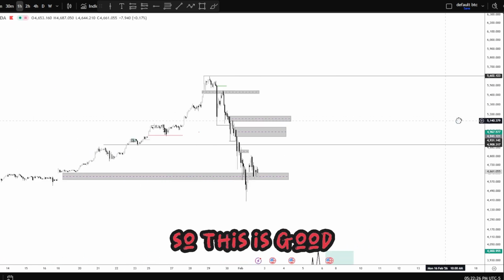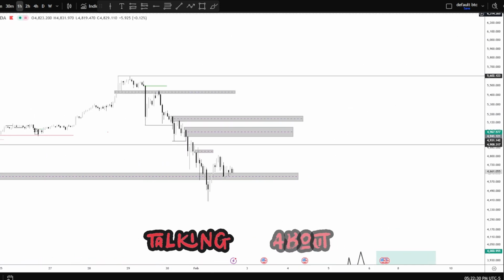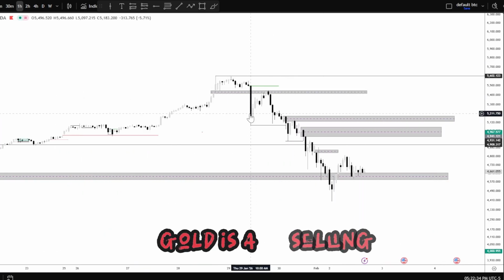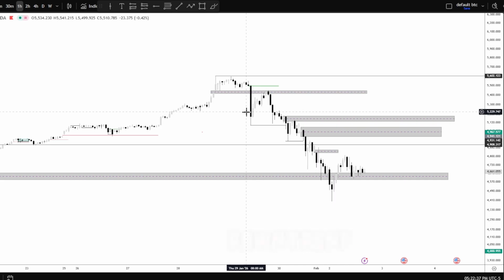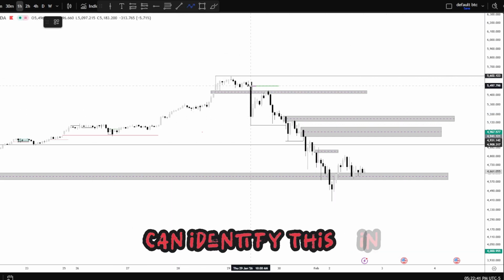So this is gold, and as of this moment gold is in a very bearish state. Gold is a selling market. Gold is in a downtrend, and this is what it means. This is how you can identify it in your trend.